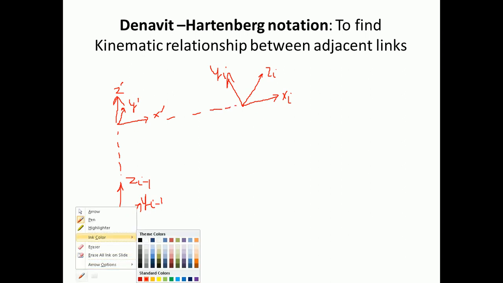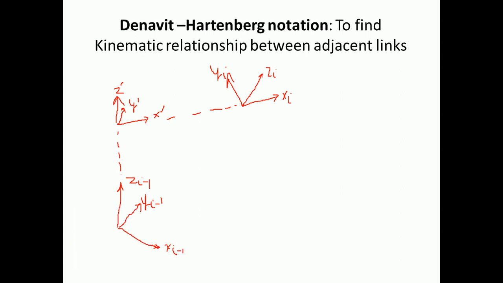So for finding the relation in the Denavit-Hartenberg notation scheme, what we have to follow, first of all, we have to translate. I am also going to name these origins. This is O i minus 1, this is O dash, and this is O i.